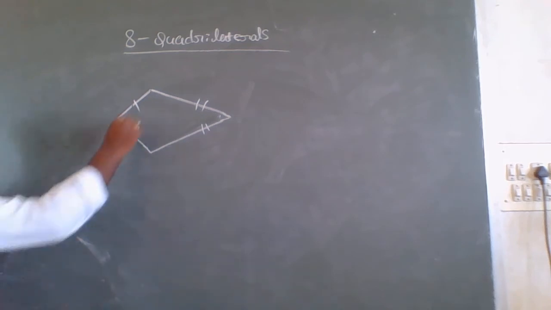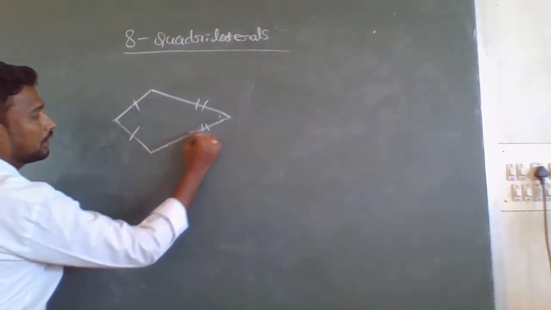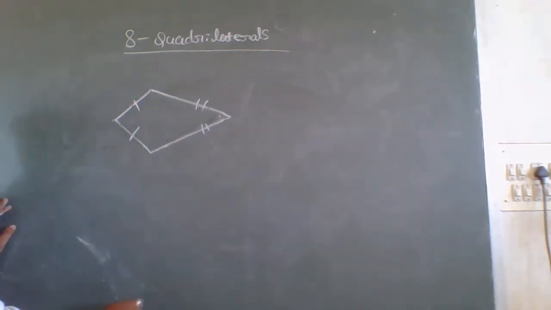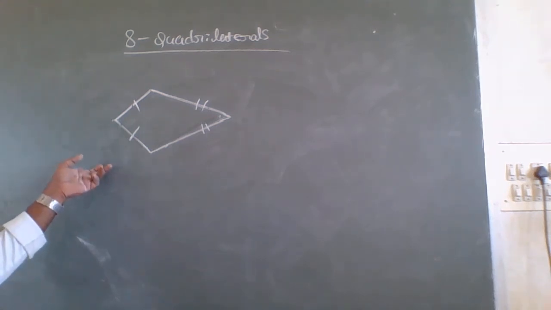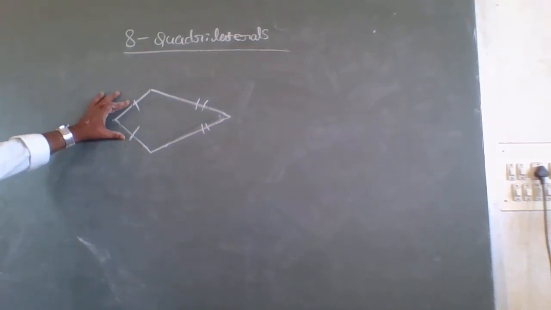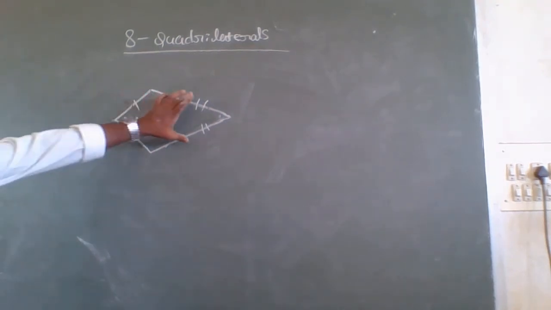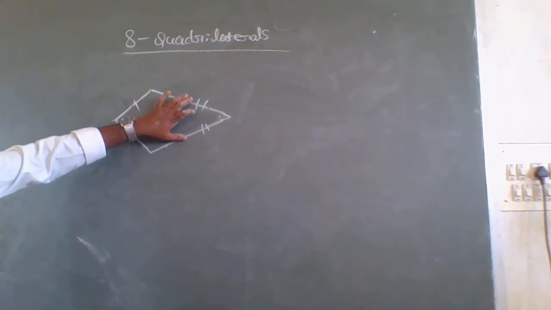Consecutive means continuous. These two sides are connected, and these two sides are connected and equal to each other. Therefore, a kite has two pairs of equal consecutive sides. Here one pair of equal sides, and here another pair of equal sides.